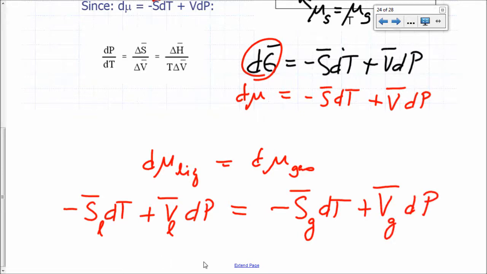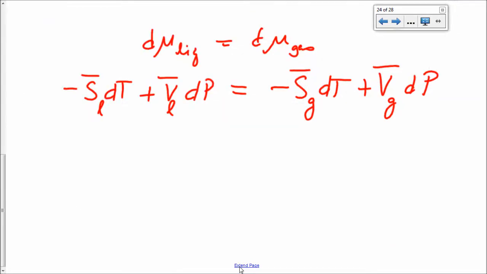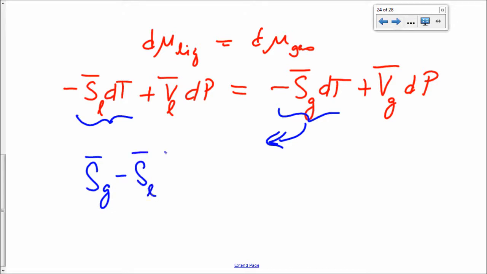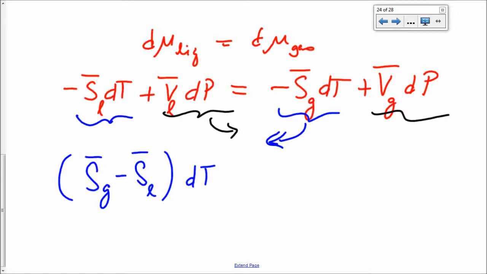Now I'm going to collect all my dTs on one side, so I have S bar gas minus S bar liquid dT, and I'm going to move these over to the right, so that's equal to V bar gas minus V bar liquid dP.